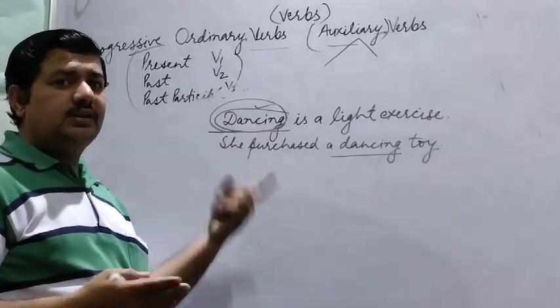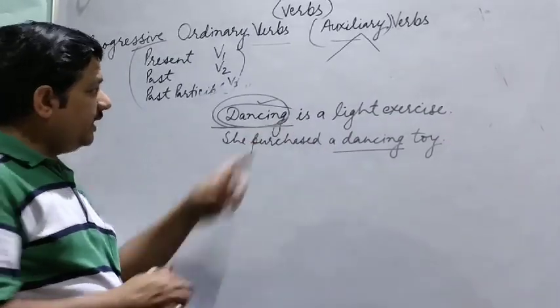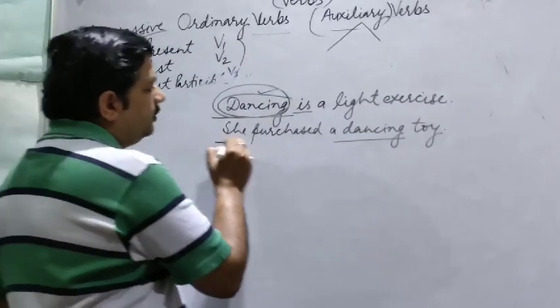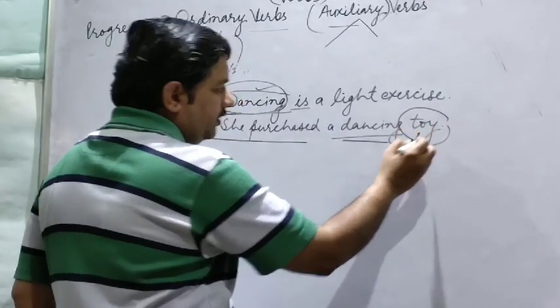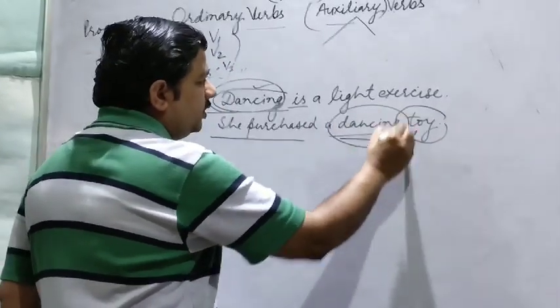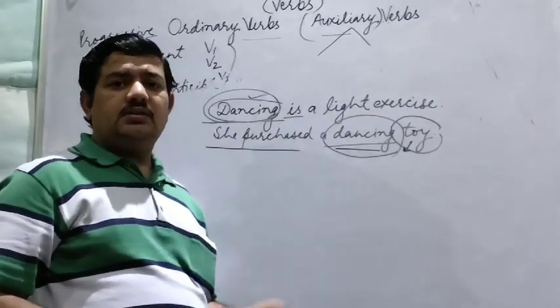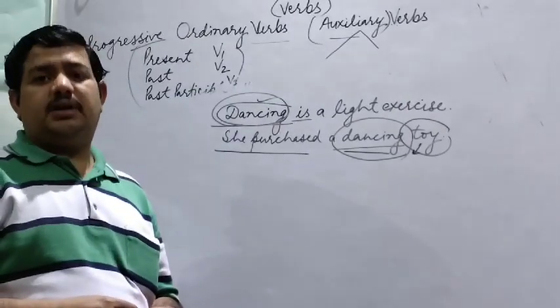Dancing, singing, swimming are activities, and that is what has been told. Clear? Then, she purchased a dancing toy. It means that for this toy, which is a noun, an adjective has been given. So when any ing word does the work of an adjective, that is known as present participle.